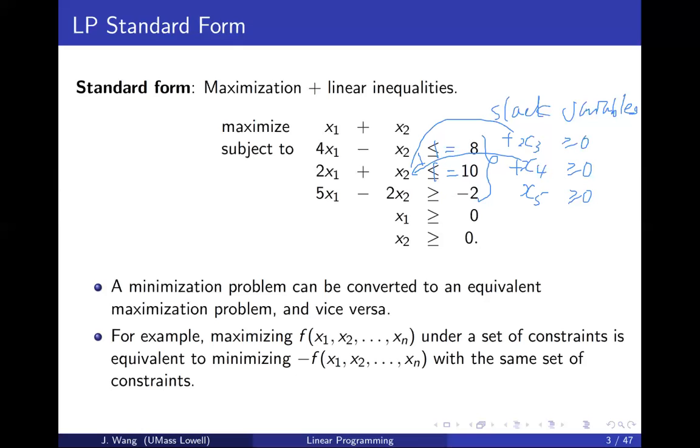And this is greater than or equal to -2. So x5 is greater than or equal to 0, so we want to subtract a positive term in order to force it to become equal. So then we have the following slack form.